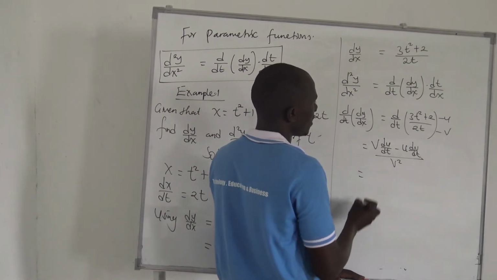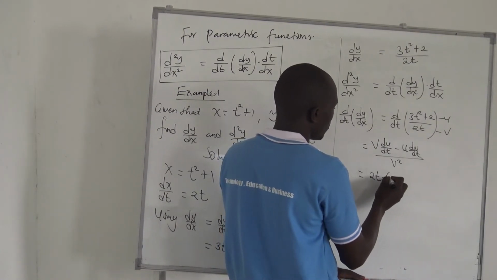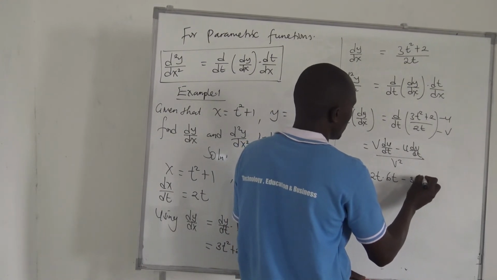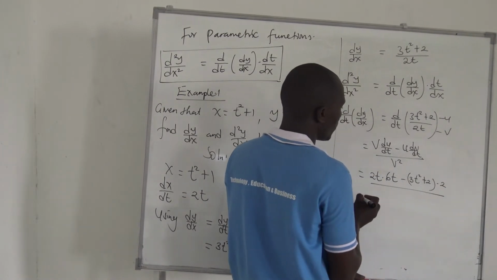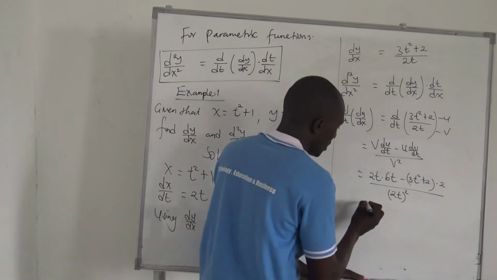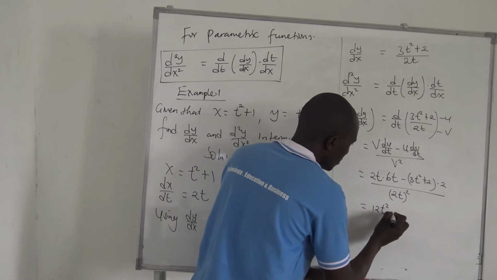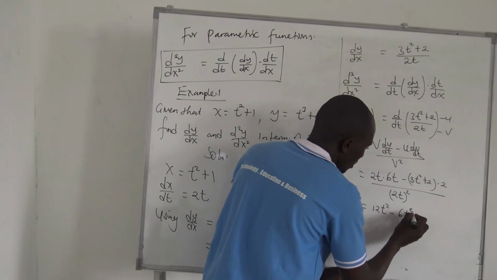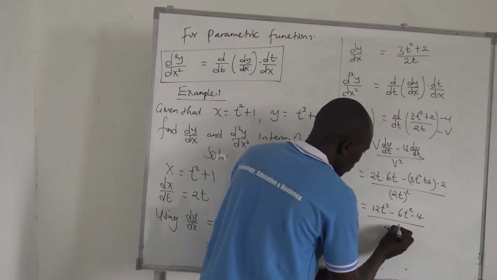Our v is 2t times du dt, which is 6t, minus u, which is 3t squared plus 2, times 2, all over v squared, which is 2t all squared. Opening the brackets, we get 12t squared minus 6t squared minus 4 all over 4t squared.